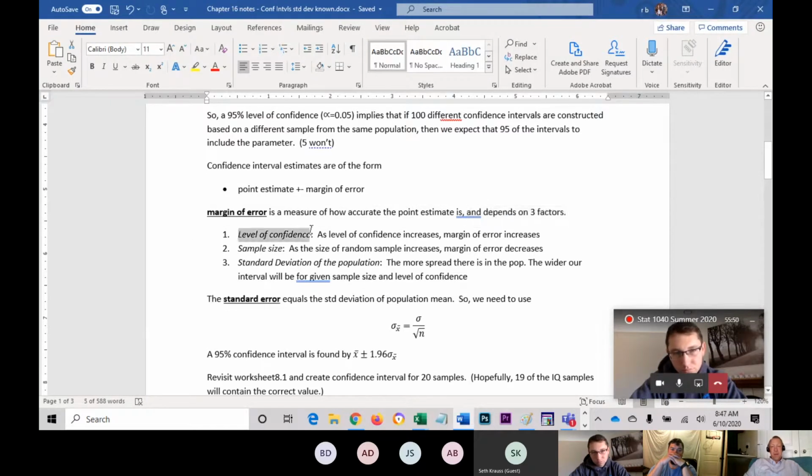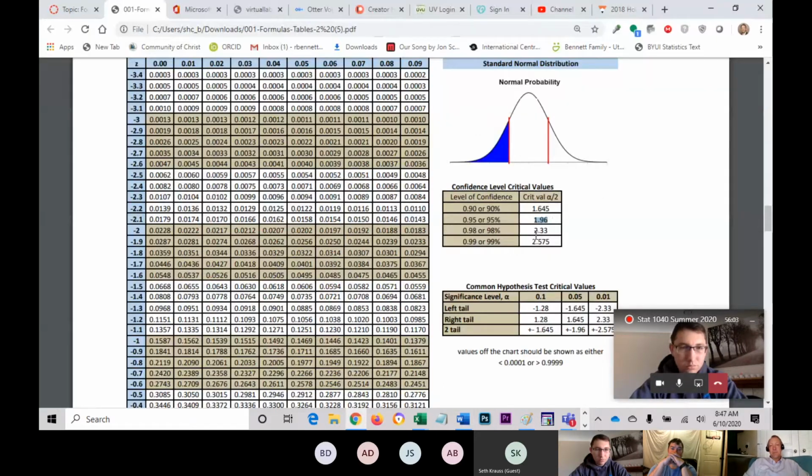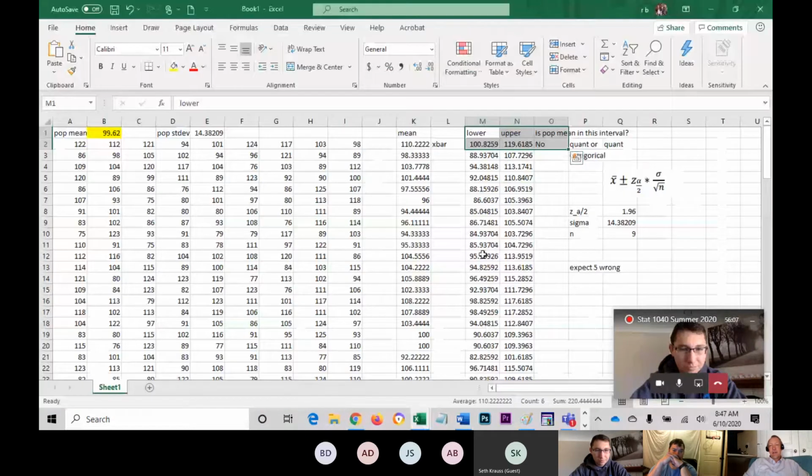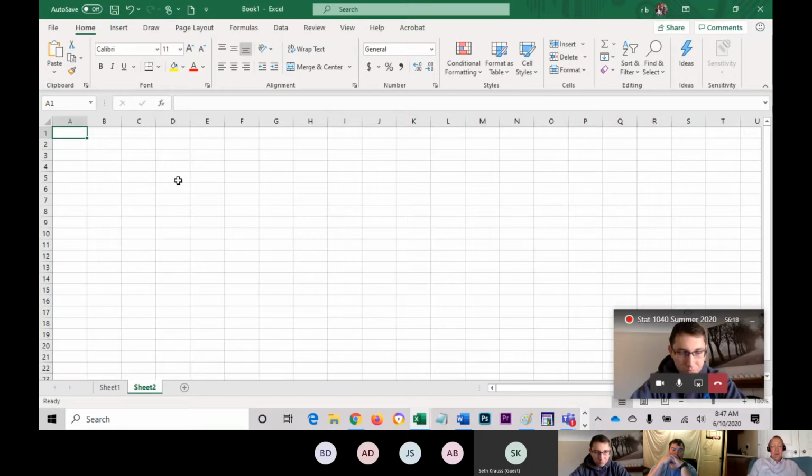Okay. It depends on your level of confidence. Okay. As your level of confidence increases, your margin of error increases. Now, one way to think about that. Let's pretend that we'll do a poll. Okay. Let's say that we've got a 95% confidence interval.